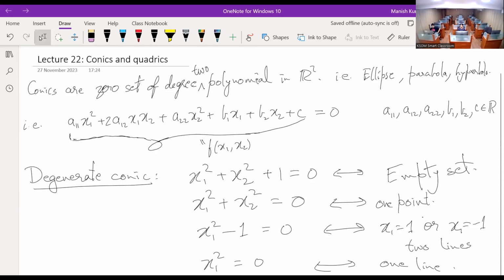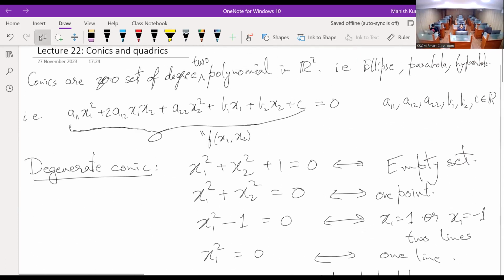Note here I have put 2A12 because we'll do some matrix operations and then this 2 comes out naturally. Of course, I could have just written A12, but even if I write 2A12, it doesn't change anything, because you can take half of that original coefficient.